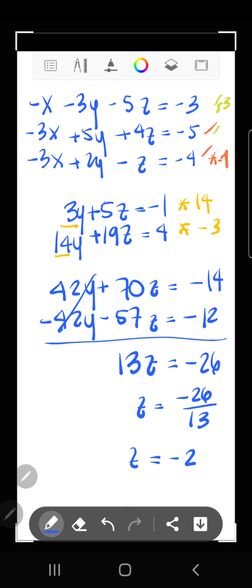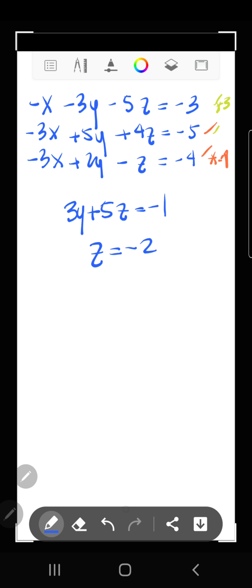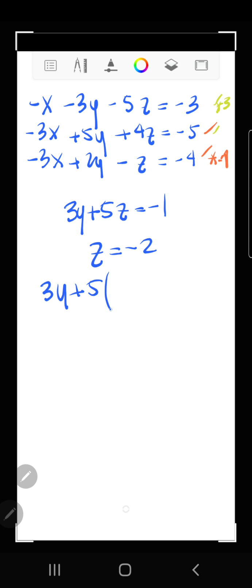Now you have the value of the first variable, which lets me know the value of y. We are going to use the first equation of the first set of elimination to find the value of y by substituting or replacing the value of z by negative 2. 3y plus 5 times negative 2 is negative 1.